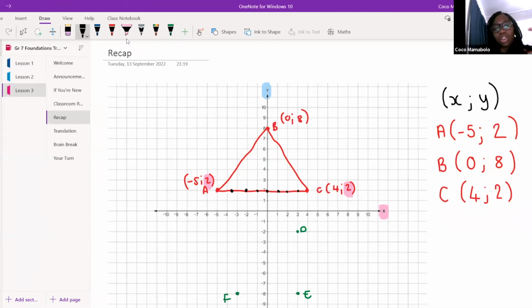Excellent. And that's because it is parallel. This line is parallel to which line? Which line is it parallel to? My X line or my Y line? Does anyone remember?